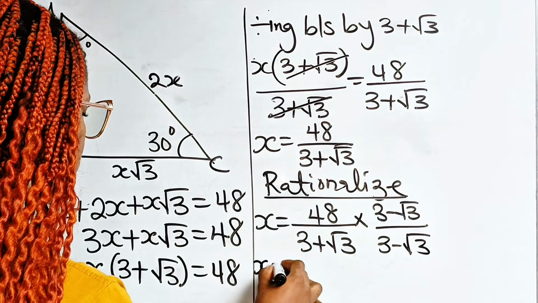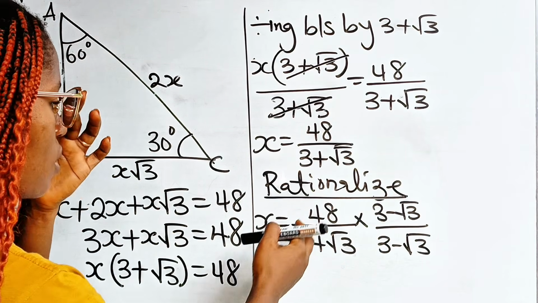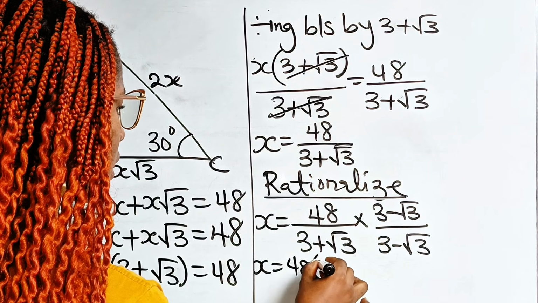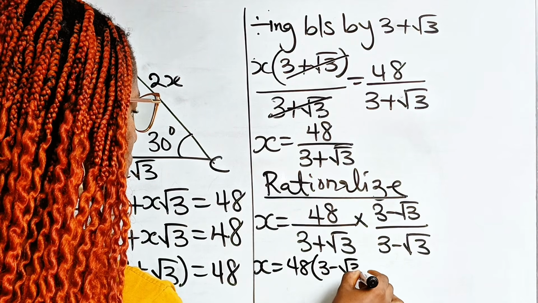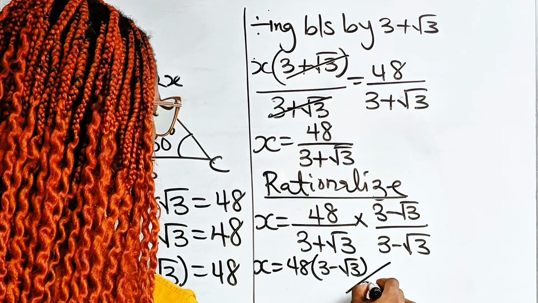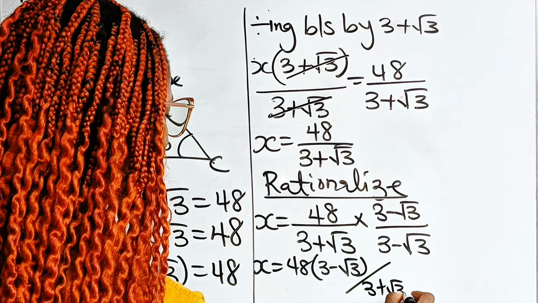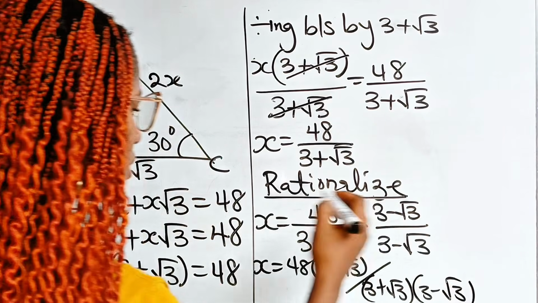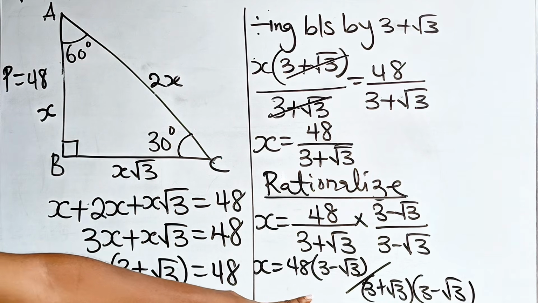So we have x is equal to 48 brackets 3 take away root 3 over 3 plus root 3 multiplied by 3 take away root 3. I just hope you can still see that clearly.